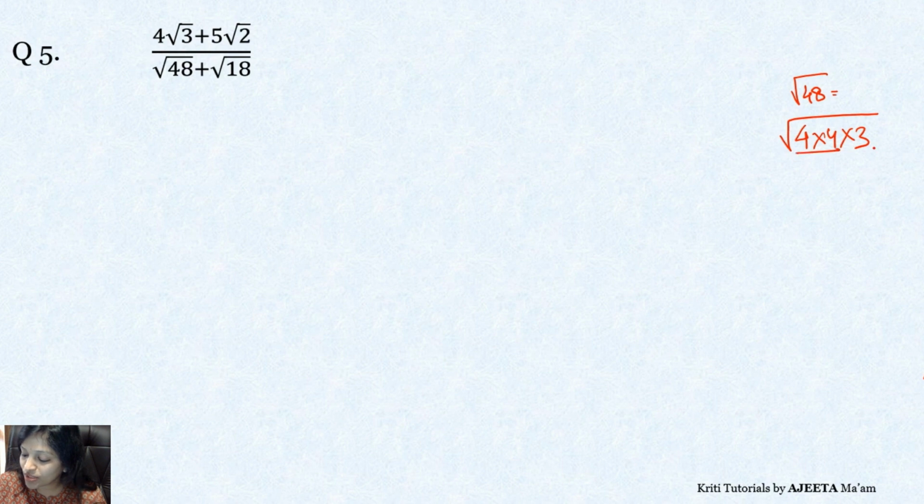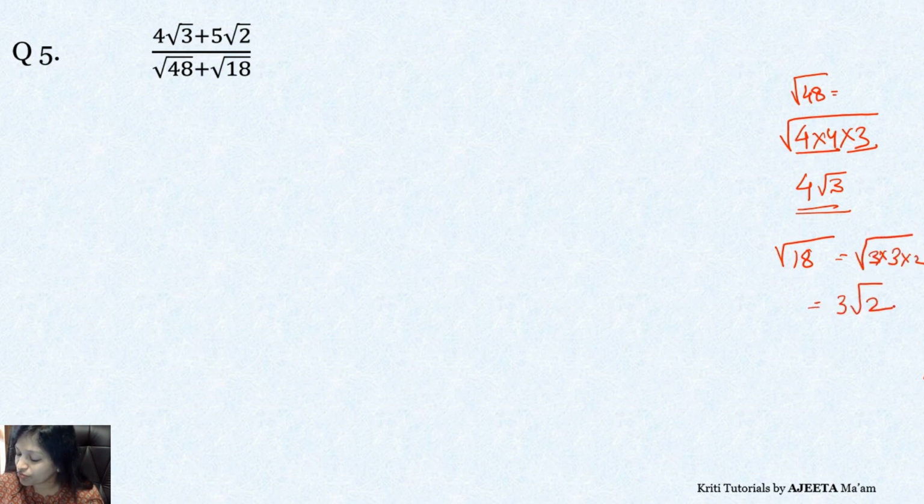So 4 4s are 16, 16 3s are 48. So now we have 4 root 3, that is the simplified form. Similarly for root 18, what can we write? 3 into 3 into 2. So what will be the simplified form? 3 root 2. So we will substitute these values in place of the big square root numbers to make our calculations easier.